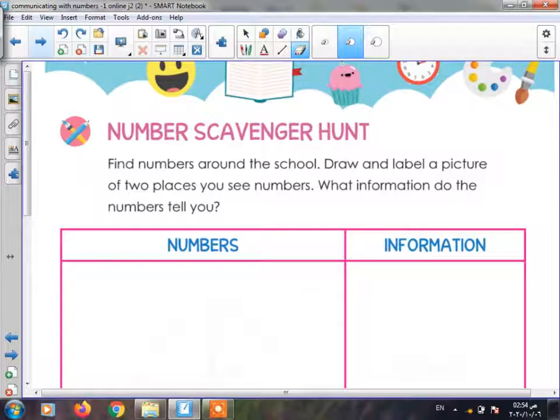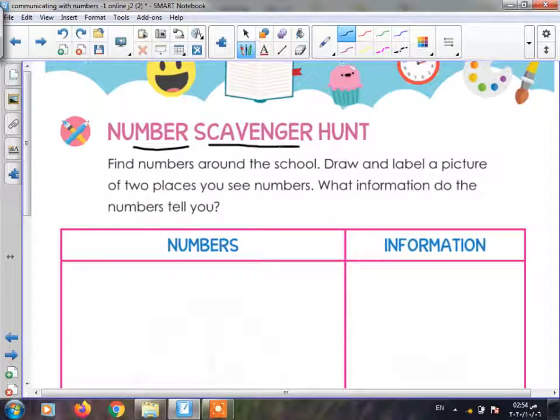Let's see the next page together. Number scavenger hunt. What does it mean? If you see anything around you that has numbers, you will tell me about it. Find numbers around the school.